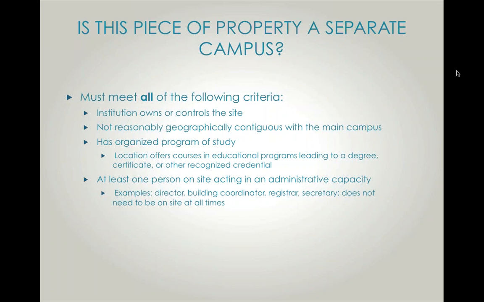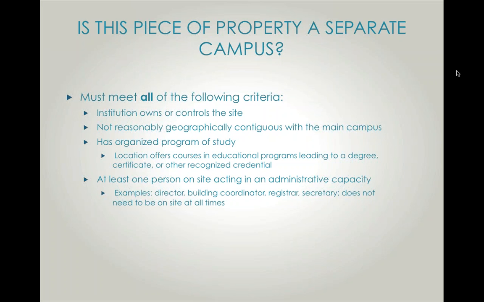Does it have an organized program of study? So it's a location that offers courses and educational programs leading to a degree, a certificate, or other recognized credential. And is there at least one person on site acting in an administrative capacity? So that could be a director, a building coordinator, a registrar, a secretary. It doesn't mean that that person has to be on site at all times. So there could be a rotating administrator. But in order for something to be a separate campus, it has to meet all, not just one, but all of that criteria, then that would establish that location as a separate campus.